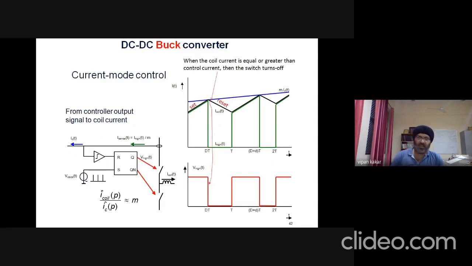So what is the solution for this? We can add a current mode control. Just by adding current mode control, using this circuit over here, now we measure the current.